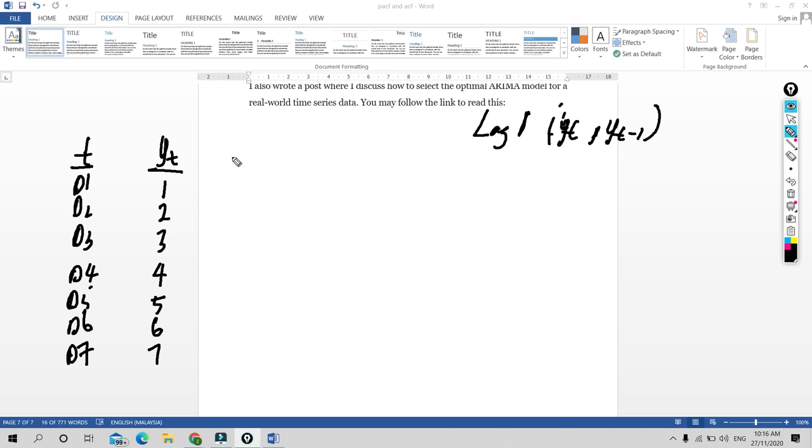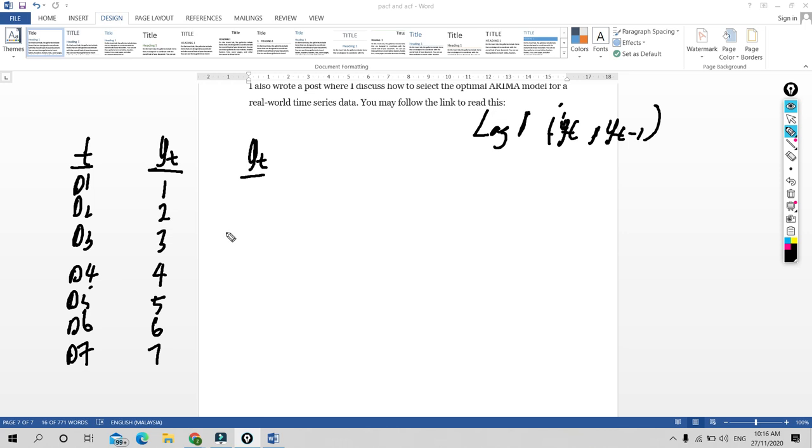Then the third day we compare with the second day. Third day is 3, the second day is 2. Here is 4, here is 3. Here is 5, here is 4. Here is 6, here is 5.